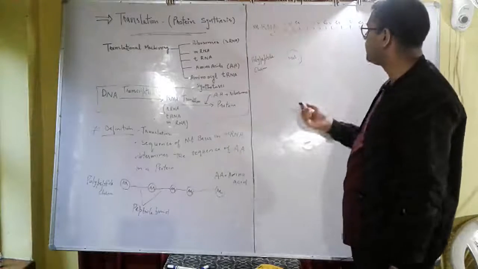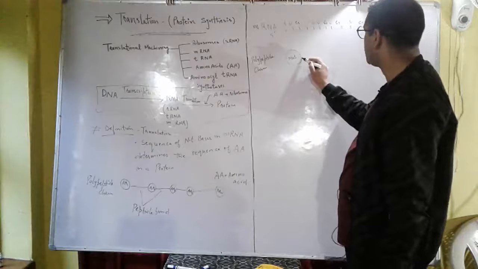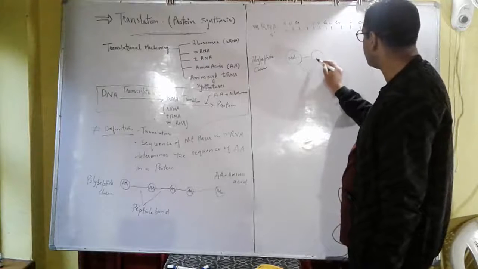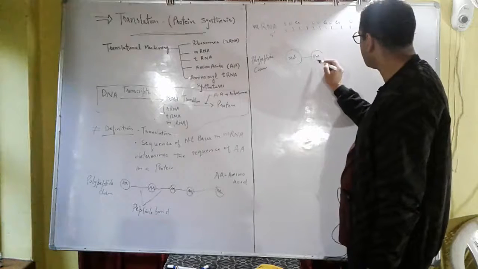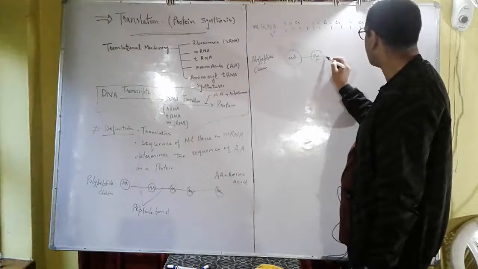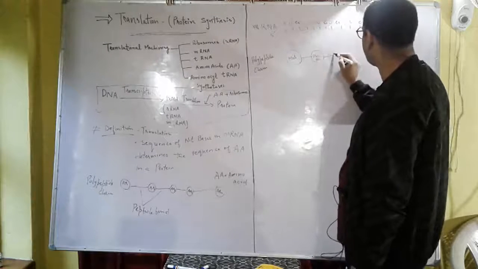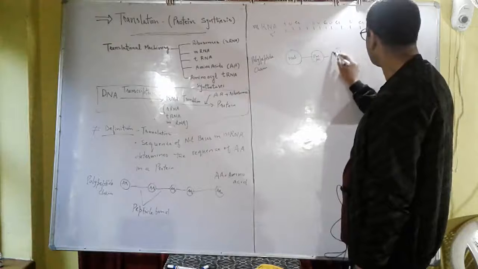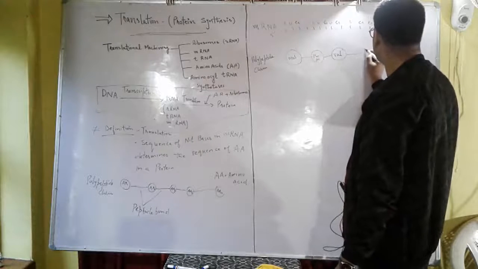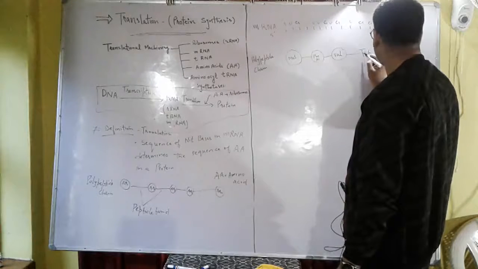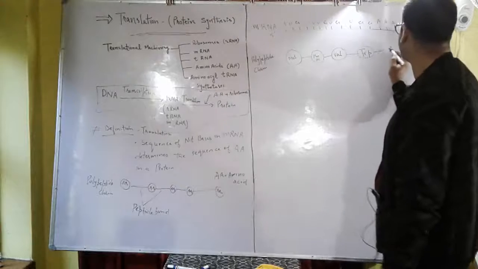So AUG codes for methionine, UUU codes for phenylalanine, GUG codes for valine, UGG codes for tryptophan, and AAA codes for lysine.